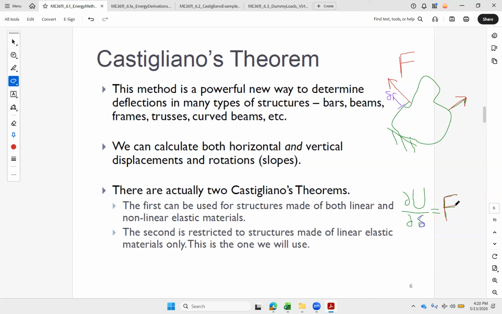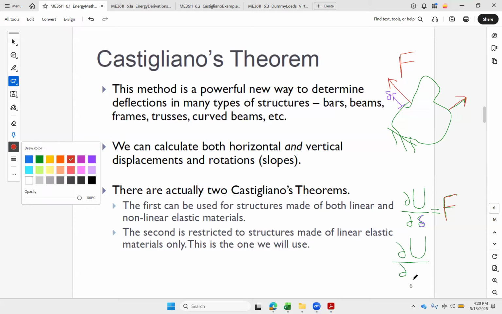Now, the second one is going to be for linear elastic materials, and this is the one that we're going to try. It's just the reverse of that. It says if I add up all the energy from forces and I calculate it based on forces, so my energy is a function of the loads, I can say dU dF is going to be equal to the displacement. So just swap the place of the force and the displacement.